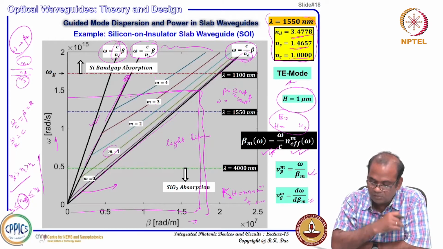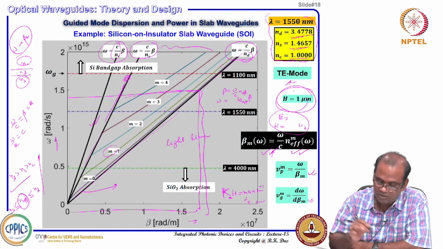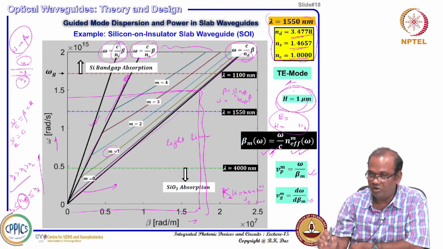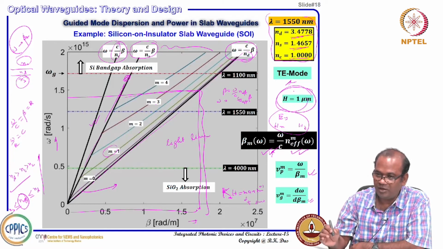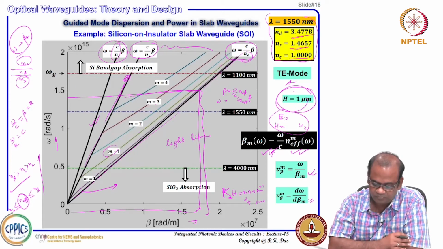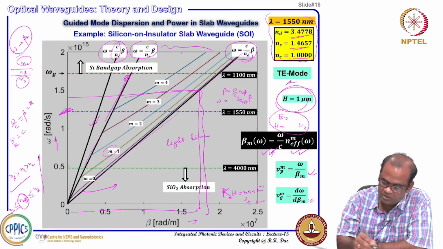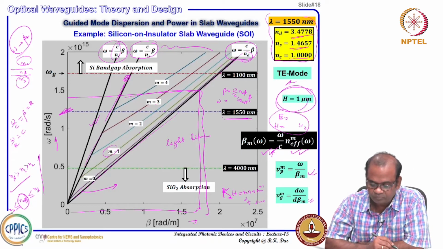Now, from these 5 different curves you can get solutions, and you consider h equal to 1 micrometer. Ultimately we know that for h equal to 1 micrometer there will be 4 modes. We will try to explain where the 4 modes come from. This frequency corresponds to 1550 nanometer.